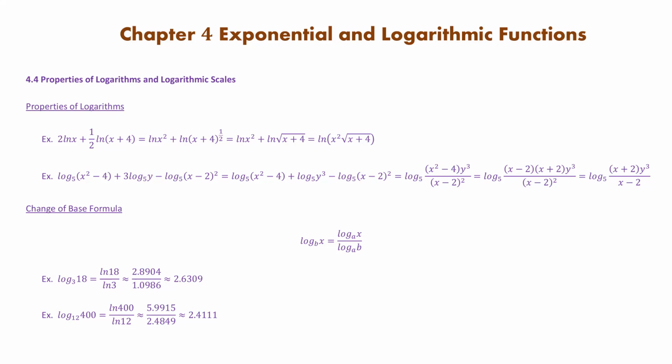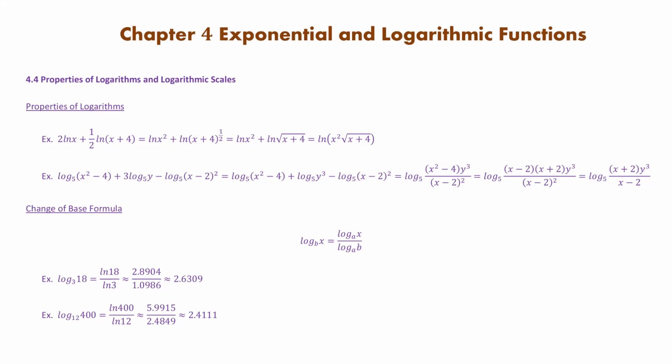So we get log of x squared minus 4 times y cubed. And we also know if you subtract two logarithms with the same base, it becomes the logarithm of a quotient. So that means x minus 2 squared should be in the denominator.